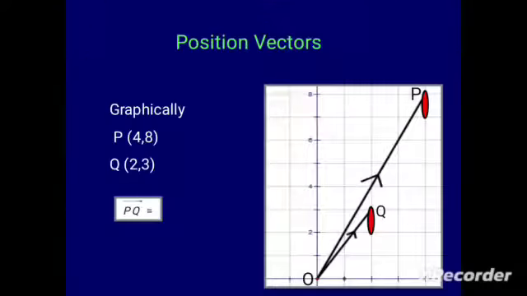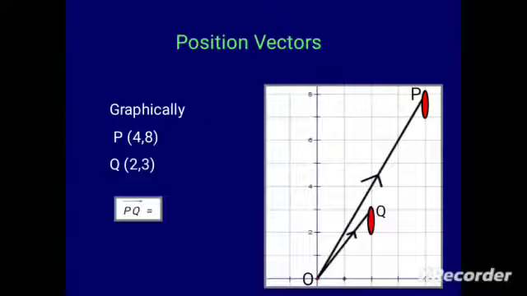So graphically, we can also perform position vectors, and we have point P of coordinate (4, 8), also point Q of coordinate (2, 3).